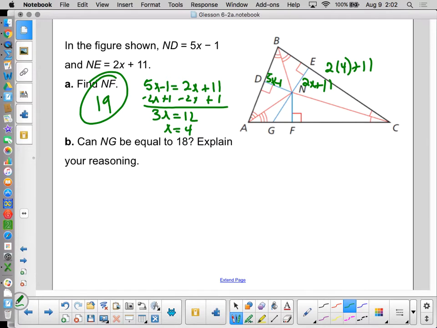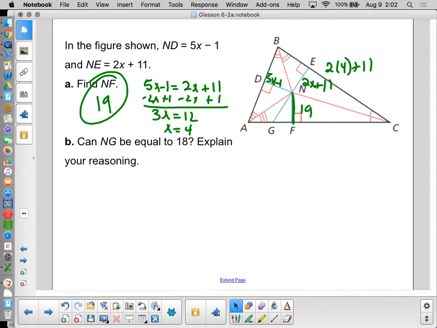Next question says, can NG be equal to 18? That's why NG is drawn in there. NF is 19. That's an established fact now. Can NG be 18? The answer is no. Of course it can't be. NF is the distance from N to the line AC. That's what NF is.